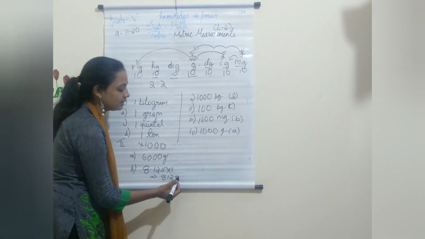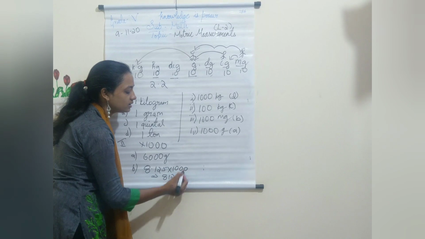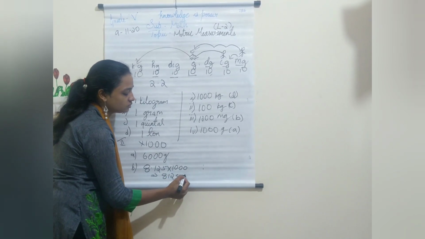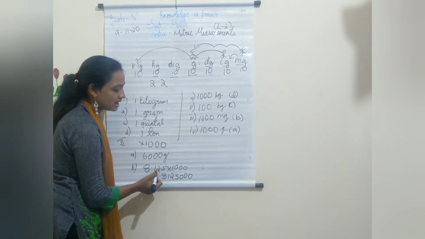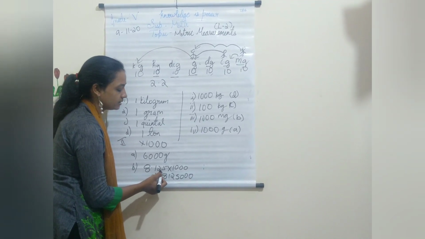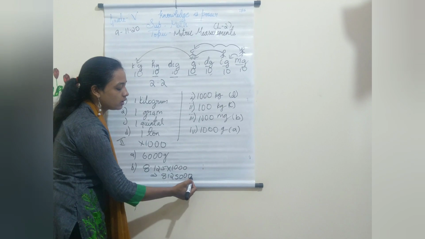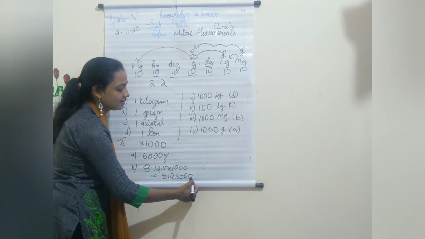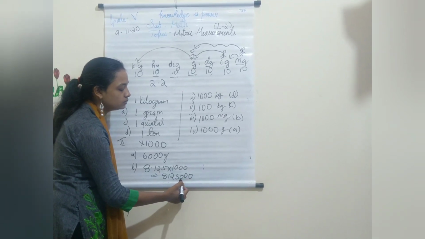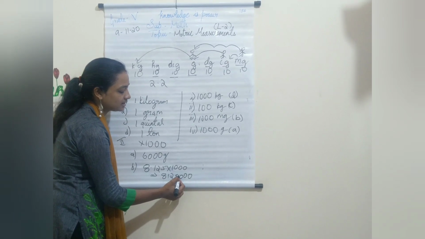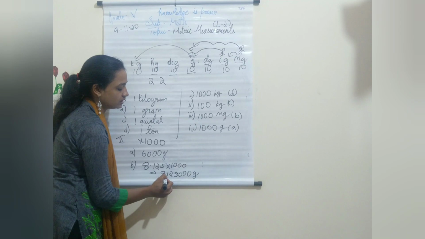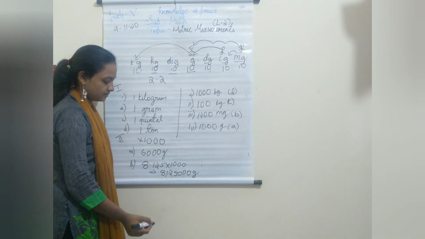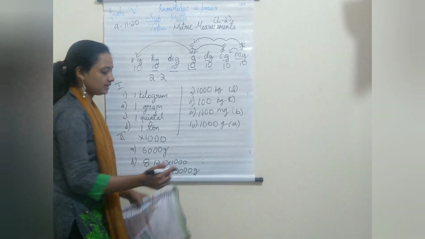Now I had 3 zeros here, and those 3 zeros should be written in the answer. Now how many numbers do you have in the decimal part? 1, 2, 3. So count 3 numbers from the right side, then keep a decimal point. So my answer is 8125 grams.